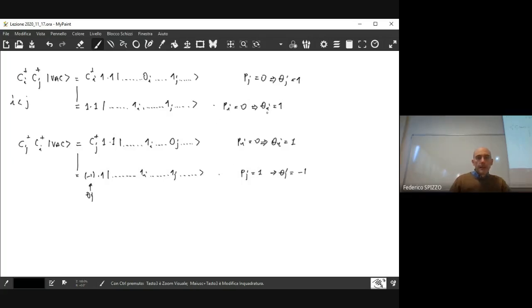So the full calculation would have been slightly more complicated, because we should have included many more electrons in the calculation, but the final point would always have been the change of one of the coefficients corresponding to P, and due to that, the change of sign of theta.